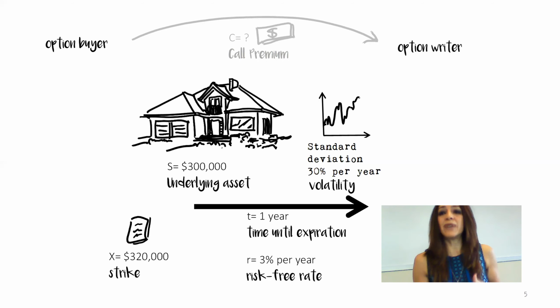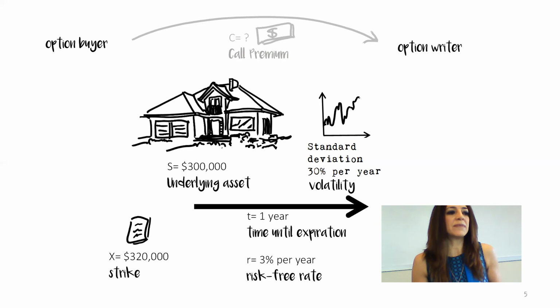In this case, the writer is the owner of the house. And he will be obligated, he's signing a contract, and he will be obligated to sell whenever the buyer of the contract decides. Or we may say if the option buyer decides at the expire.